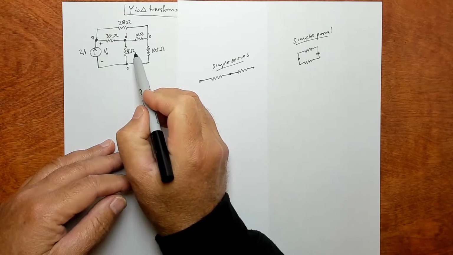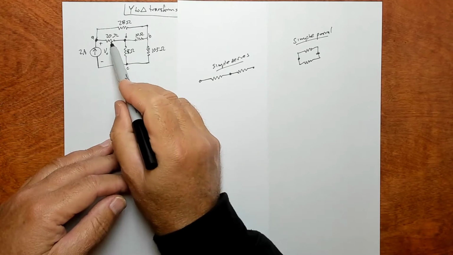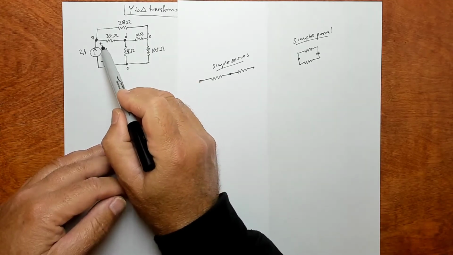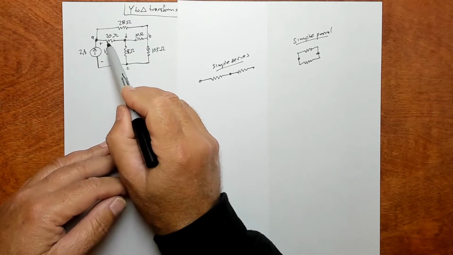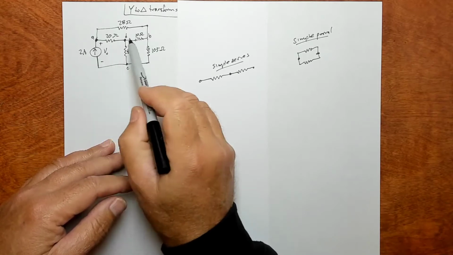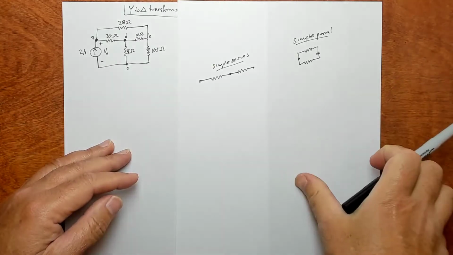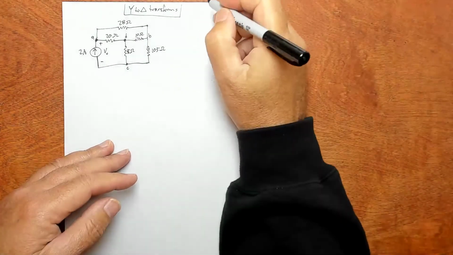And these 2 guys are almost in parallel, if it wasn't for this supply, they would be in parallel. So there's really nothing that's in just simple series or simple parallel, so we can't do any simplifications, which is what we're trying to do.